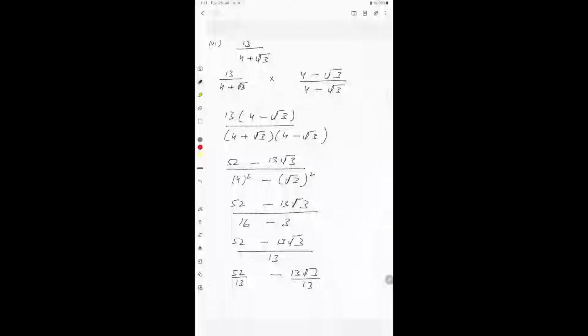I'm writing this 13 under 52 and 13 under 3. I can do so. Mathematically it is correct. And this will be 4 minus under root 3, and this is my final answer.